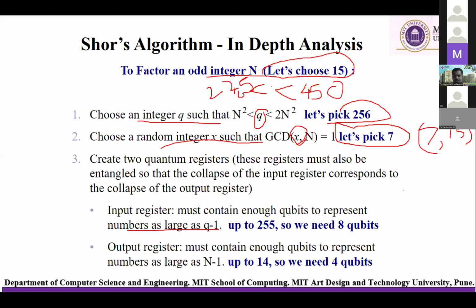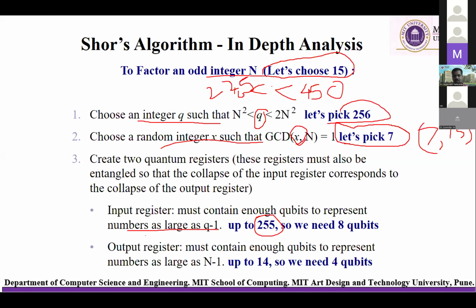Here q is 256 and q minus 1 is 255. So if we want to represent this 255, then definitely we require 8 qubits in the input register.